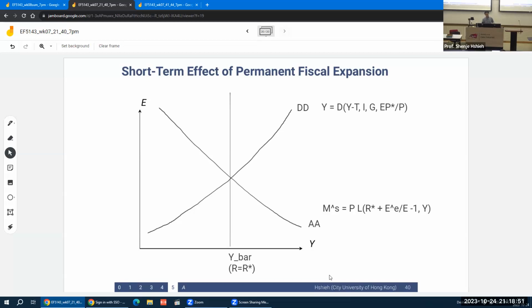So in this case, when we do fiscal expansion, the shifting of the DD curve is the same, right? Let's walk through the logic. If we have an increase in G or a decrease in T, that's going to increase D and distort things, making D greater than Y for a given E. And the only way to restore equality is if Y increases, right?